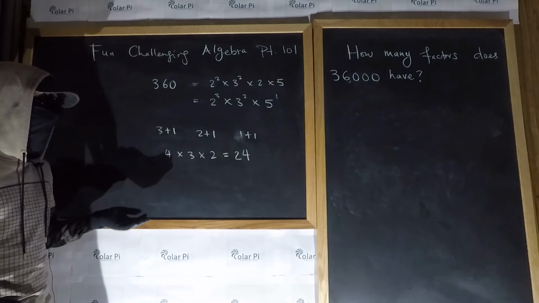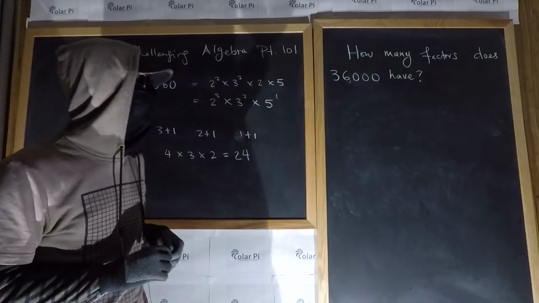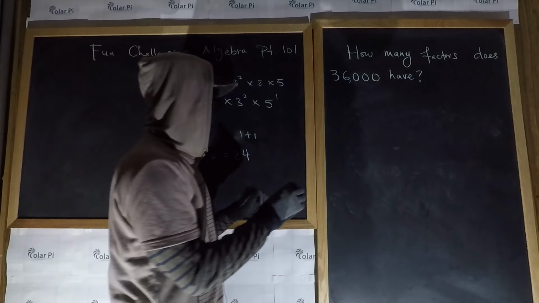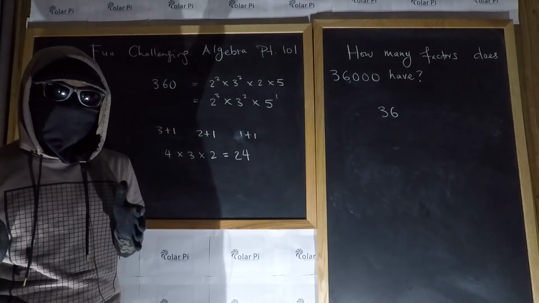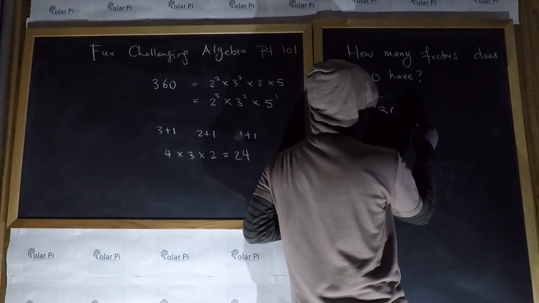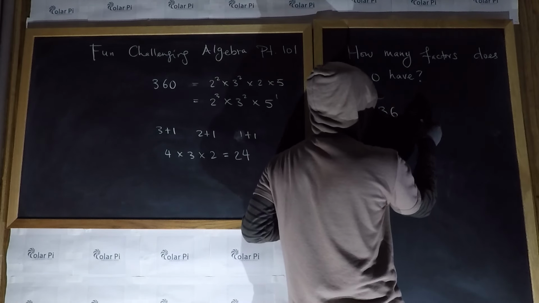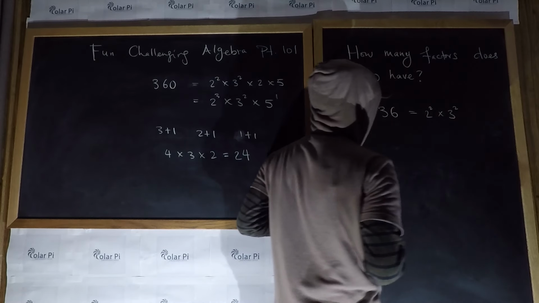Now, it's kind of hard to list all 24. It's not hard, it's just tedious. So let's use this method on the number 36, and then verify that it works by listing the factors of 36. The method begins by figuring out the prime factorization of 36, which is 2 squared times 3 squared, 4 times 9.